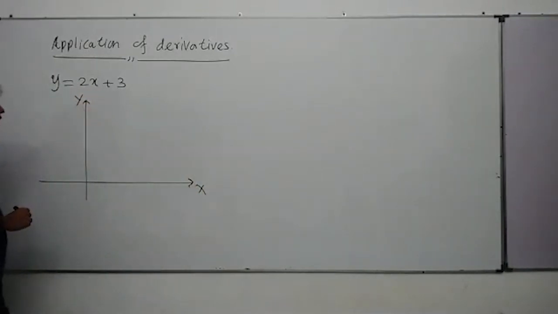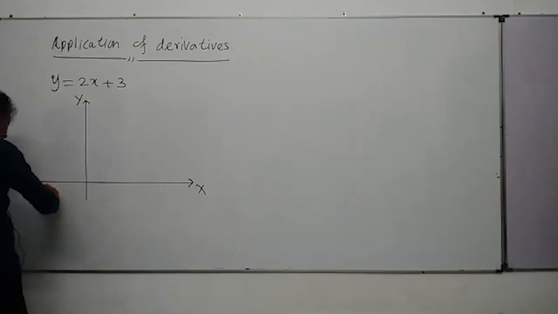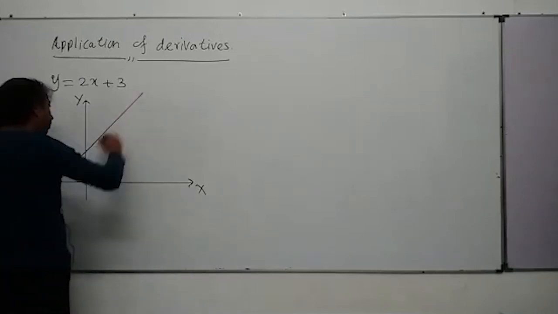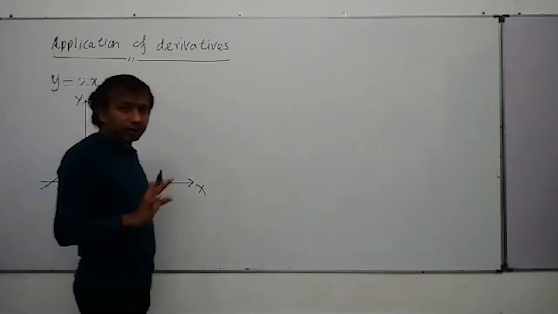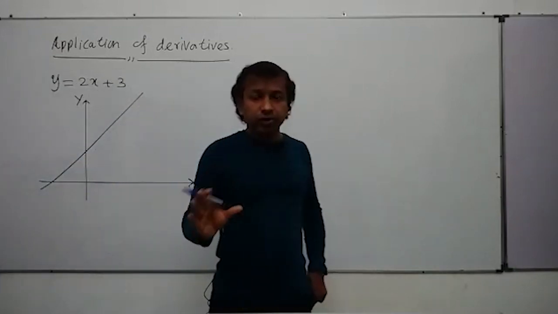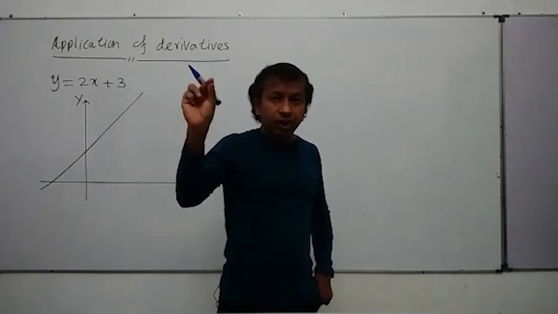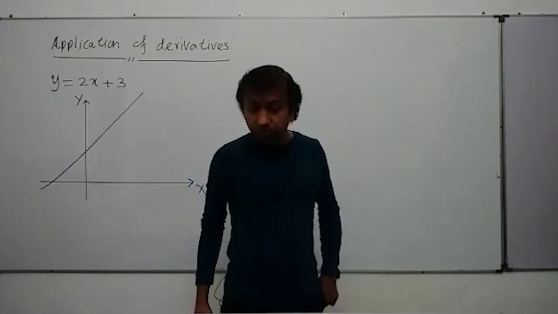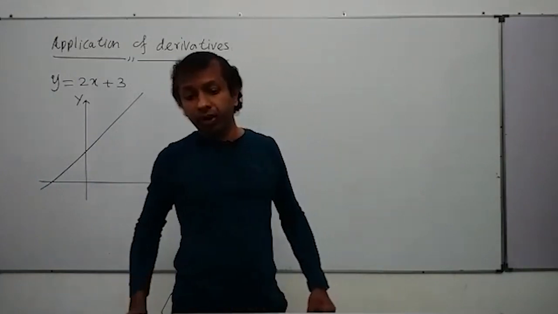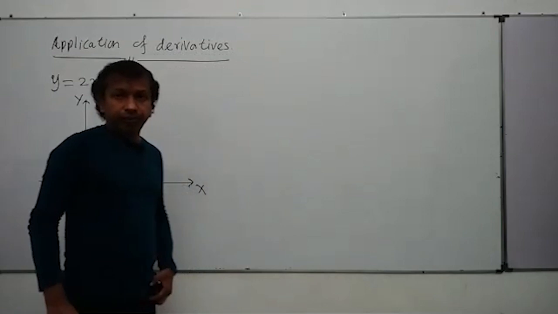You can draw this line by constructing a small table of x values, finding the corresponding y values, marking those points on the xy plane and joining them by a smooth line.